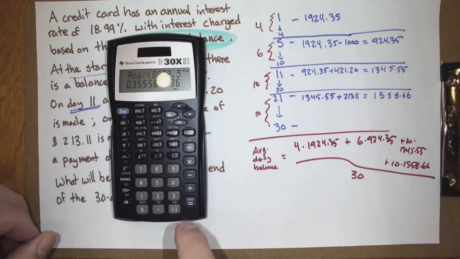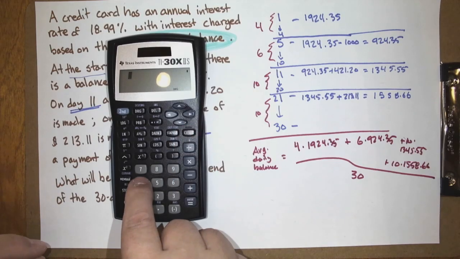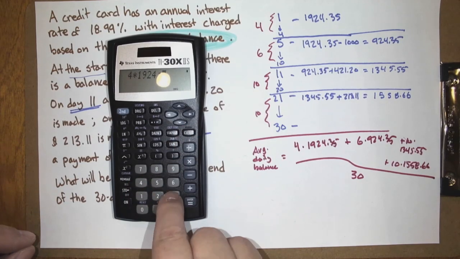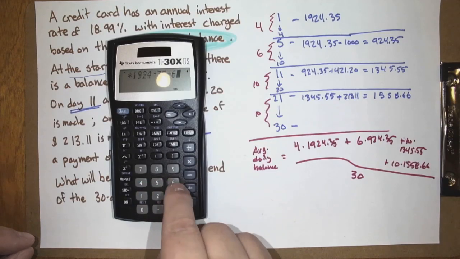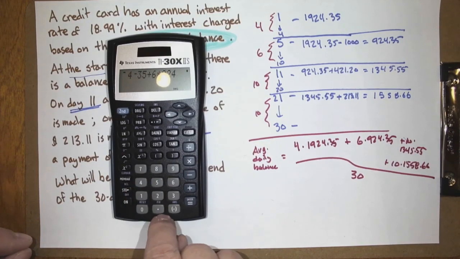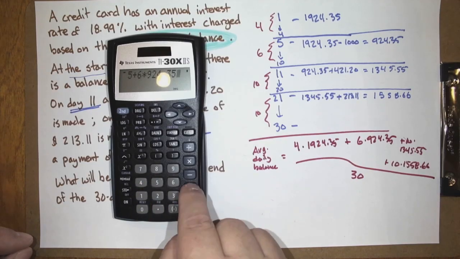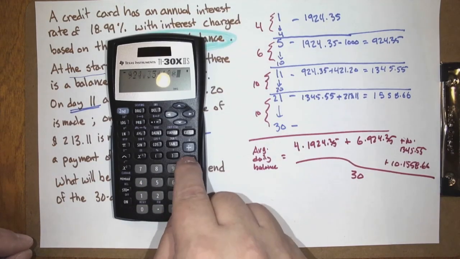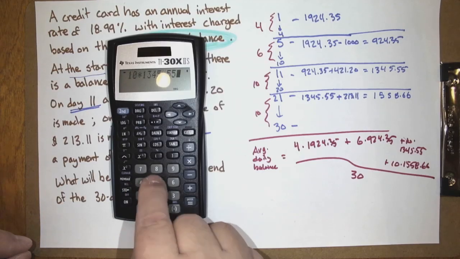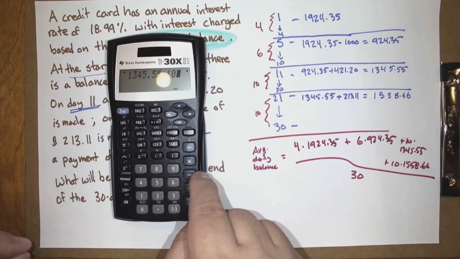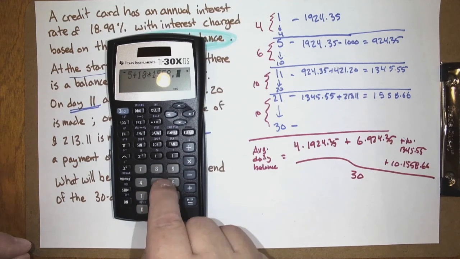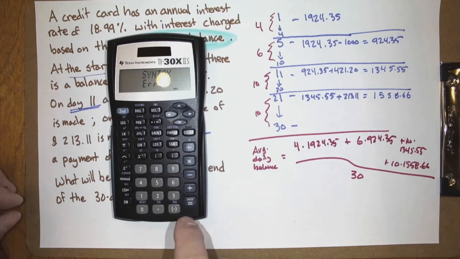Okay, so clear the calculator here. 4 times 1924.35 plus 6 times 924.35 plus 10 times 1345.55 plus 10 times 1558.66 equals syntax error.